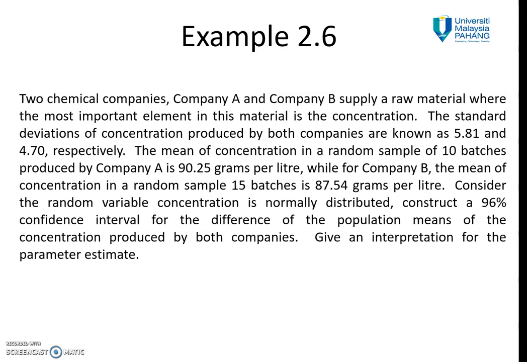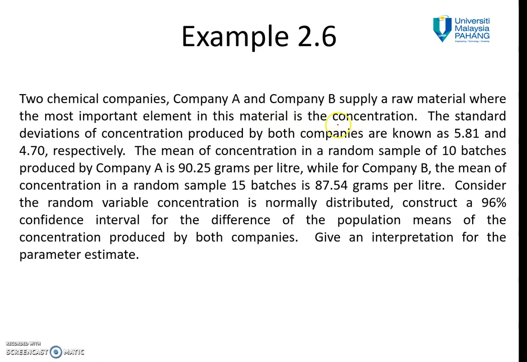So if you read from the first sentence: two chemical companies, company A and company B, supply a raw material where the most important element in this material is concentration.